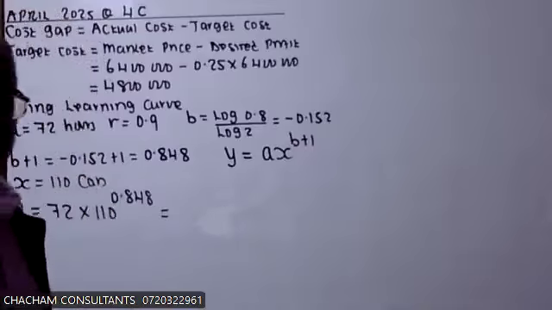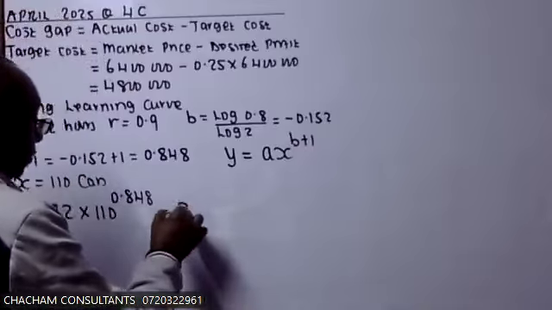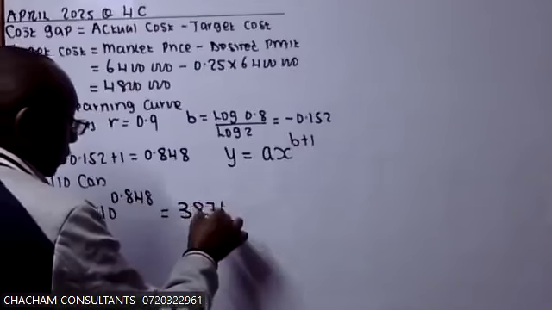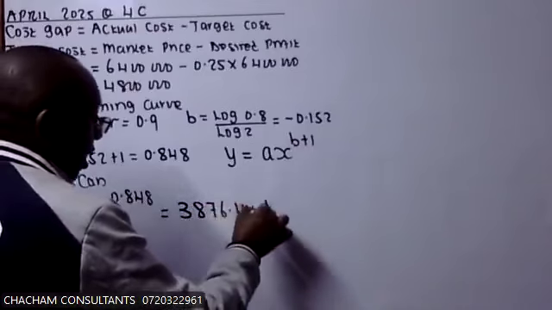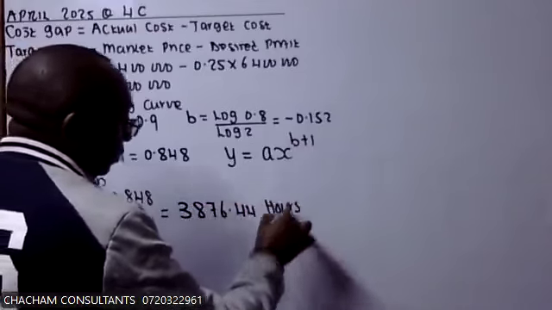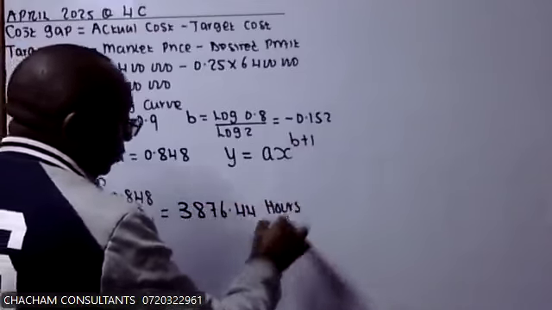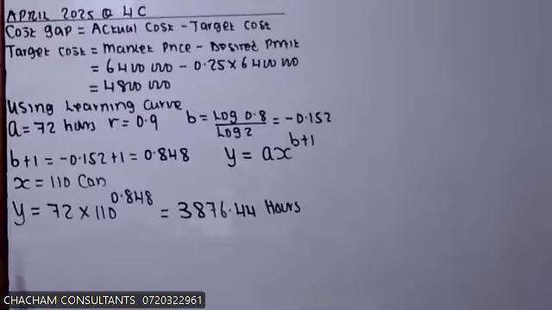That is 3876.44 hours. So the actual costs, if you look at information 3, says direct labor is paid 30,000 per hour.